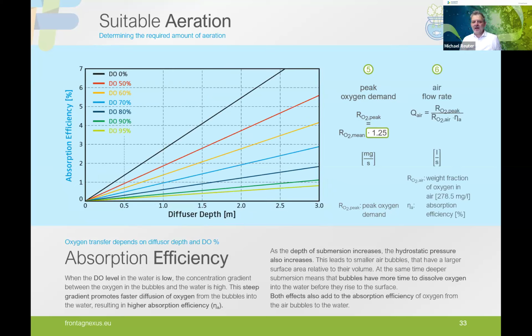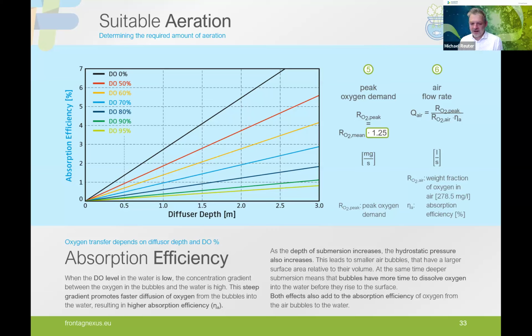And to transfer this peak oxygen demand into an aeration flow rate, we have to take into account the efficiency with which we can dissolve oxygen from air that we pump through the water into the water body. This usually happens at the surface between the air bubble that flows through the fish tank and the water surrounding the air bubble.